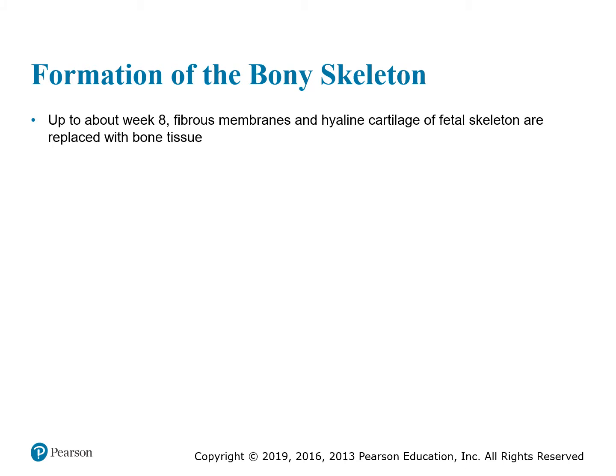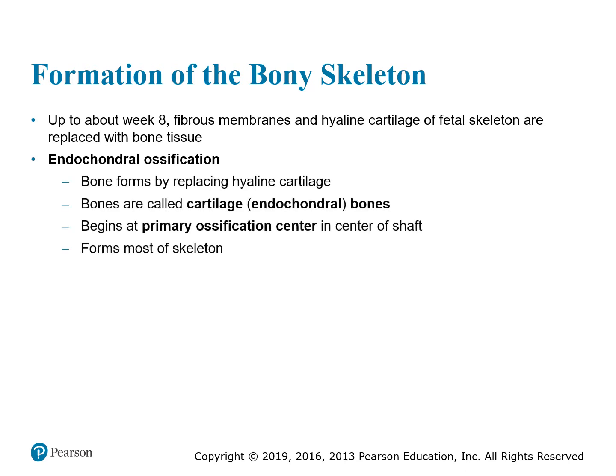Okay, so the first thing to say is that until about week 8, the fibrous membranes and the hyaline cartilage of the fetal skeleton get replaced with bone tissue. This is called endochondral ossification, and to ossify means to form bone. In this, bone forms by replacing hyaline cartilage.